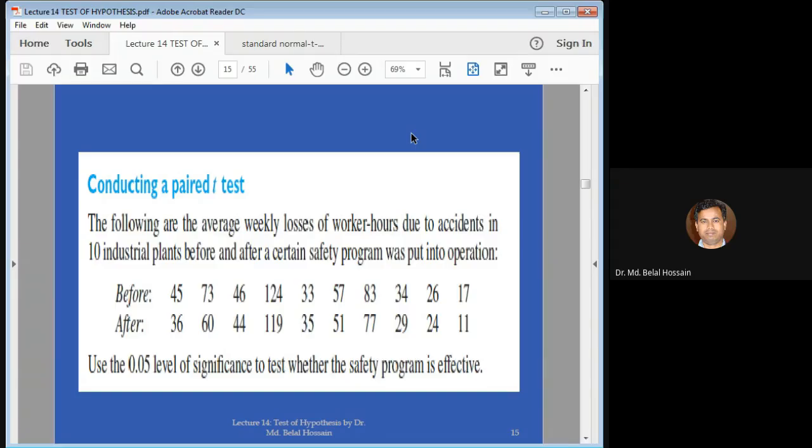So this is how you will recognize the pair t-test. They will say these are before and after values, or pre-test and post-test values, or somehow a pair of values, so that you get some hint that you have to do the pair t-test.